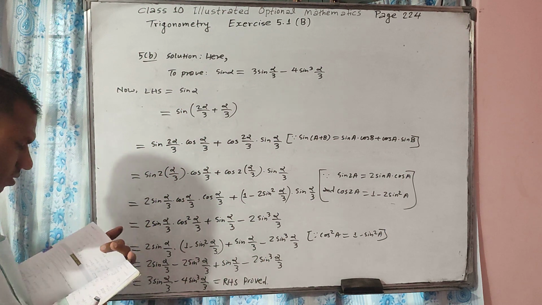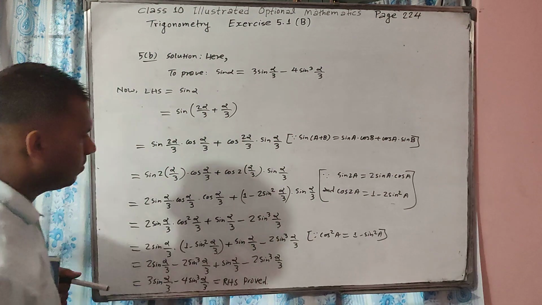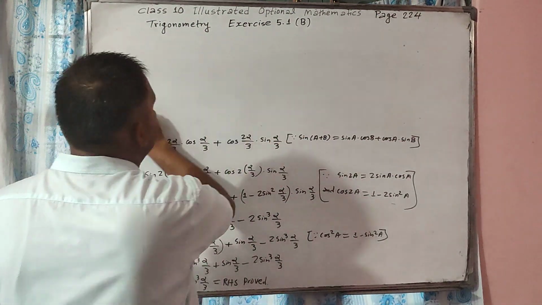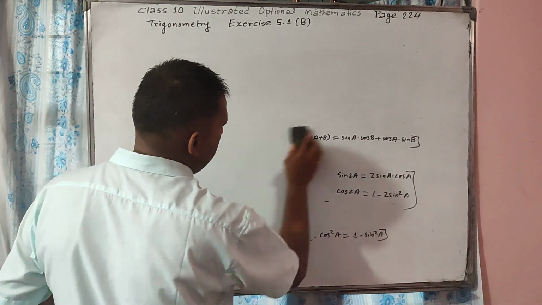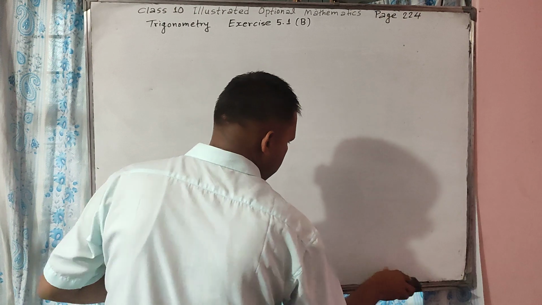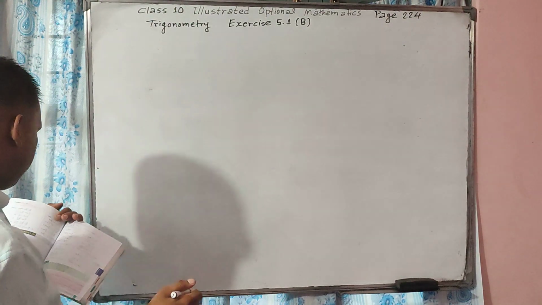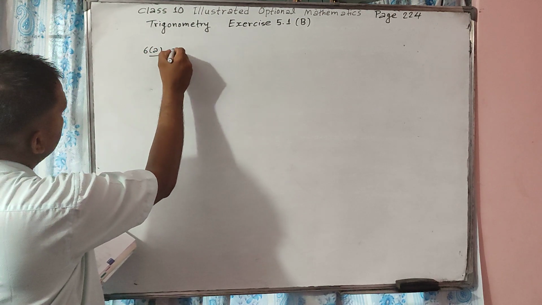Now we go to question number 6. On question number 6, again we have to prove the following identities. 6a.